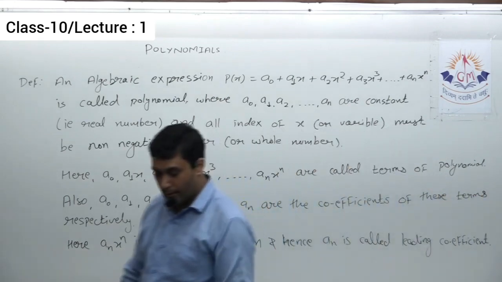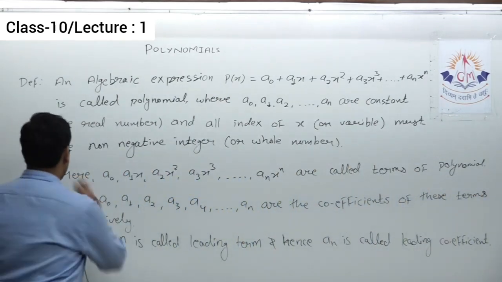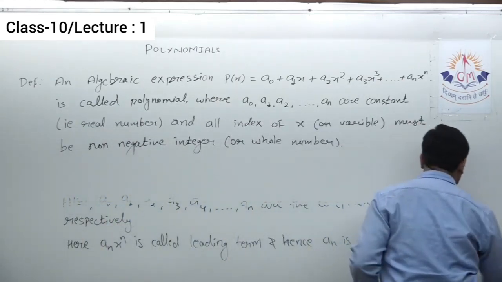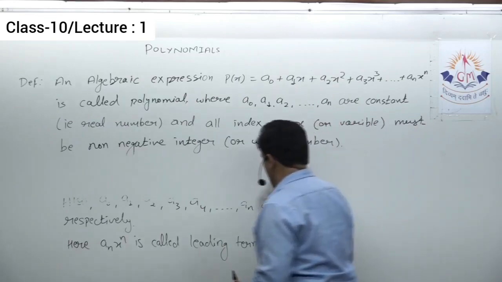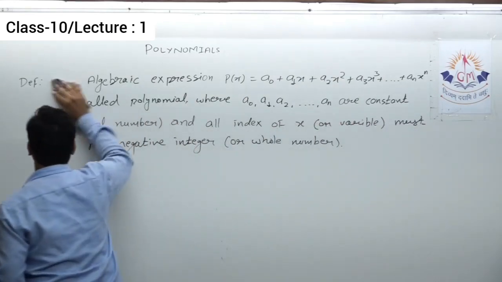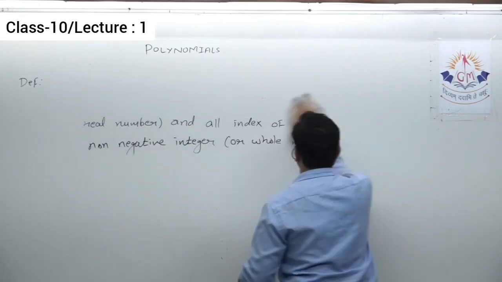Now we'll see some questions based on this concept. That is, some expressions will be given to you, and you have to identify whether the given expressions represent a polynomial or not in a single variable. Polynomial in a single variable.